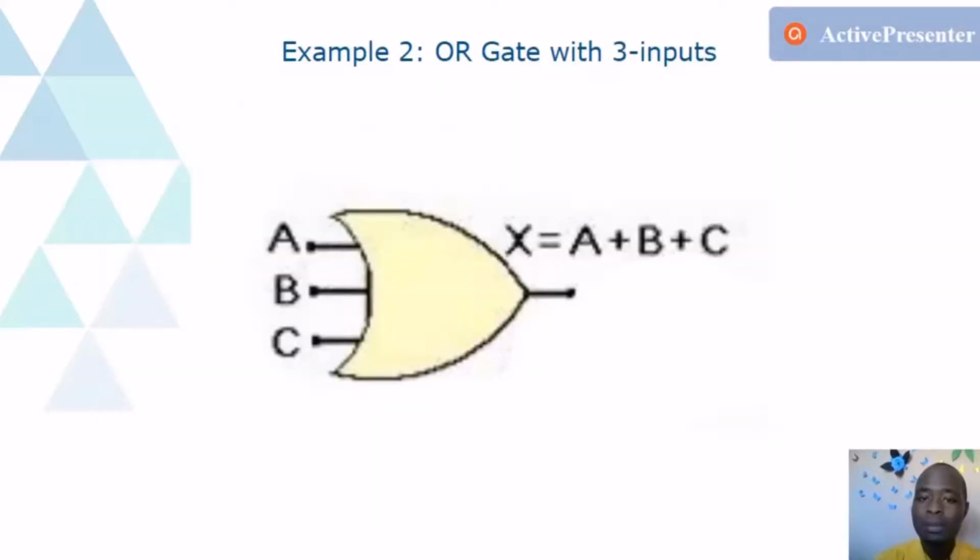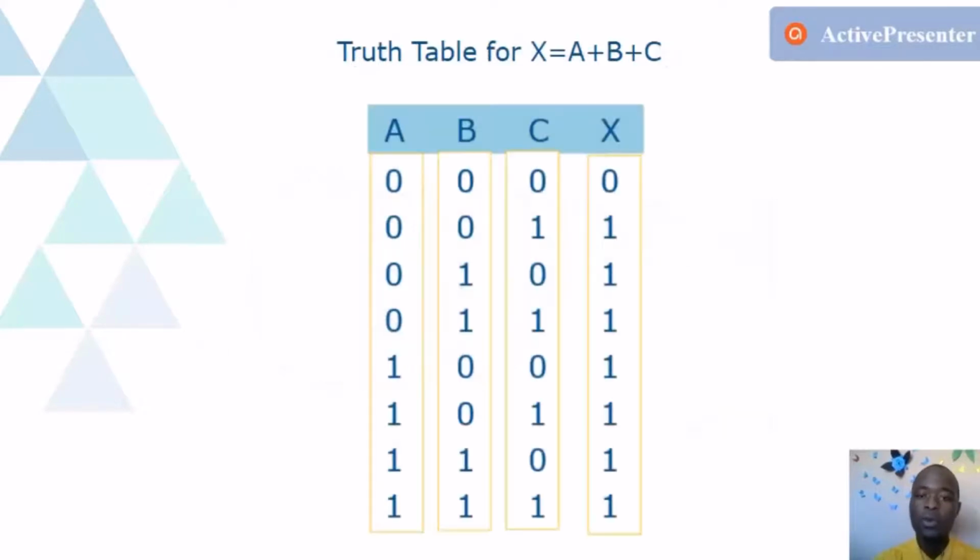Now we'll look at example 2 of an OR gate with 3 inputs, A, B, and C, and an output X, which is A plus B plus C. We'll look at the truth table. Now, how do we get this? We apply that same strategy for getting this.